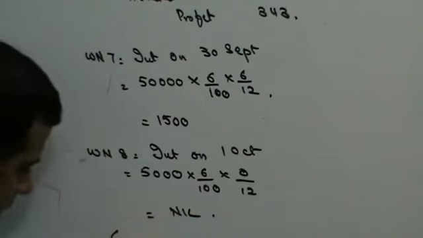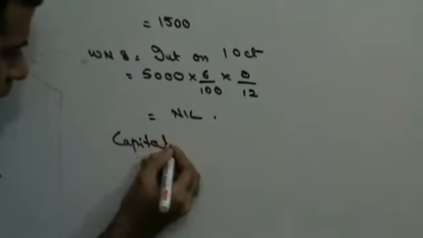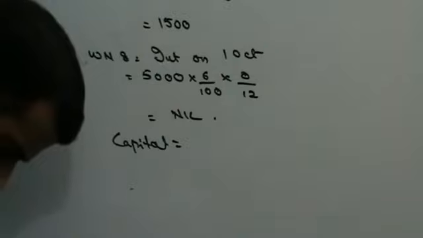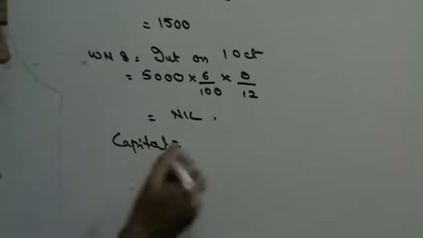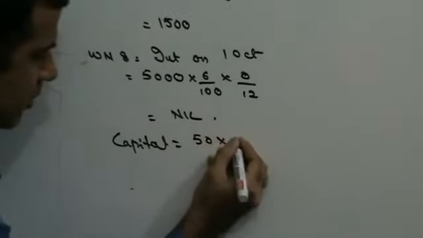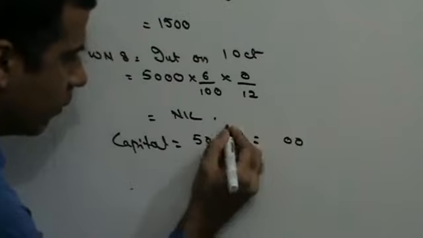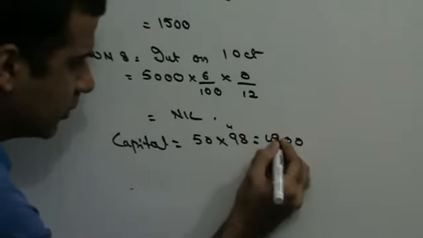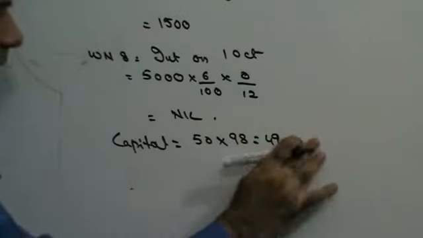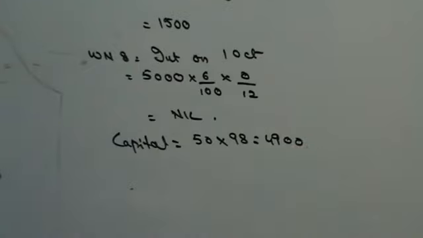Okay. Let's find out the capital value. Capital value is 98. I have purchased 50. So 50 into 98. 8 5s are 40, 45, 4,900. Right. 2 zeros are already put.